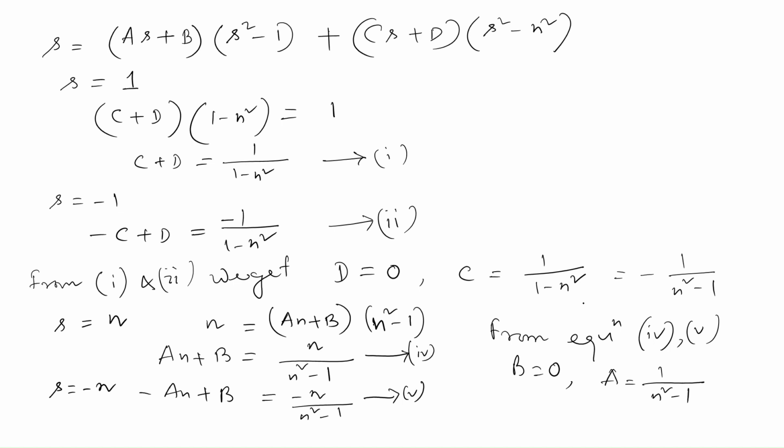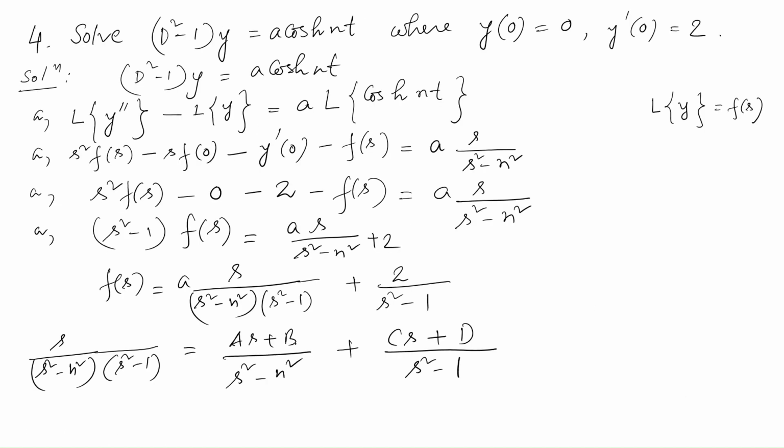Now let us put all of these values here. A term and c term remain because b and d both of them are 0.